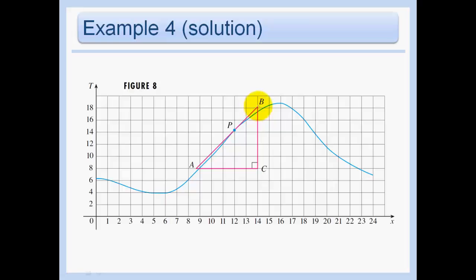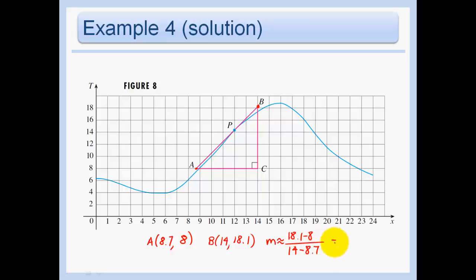So let's say we pick this point here, 14, and then let's say like 18.1. And then let's pick this point A, and let's say, I don't know, it's like 8.7, and the y-coordinate is 8. So if we do this really well, we could approximate our slope by y2 minus y1 over x2 minus x1.